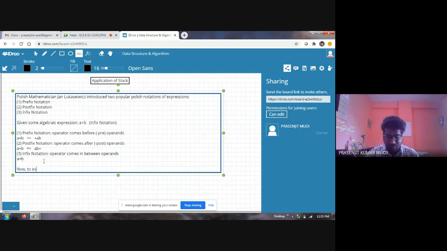Now to evaluate an expression, we are familiarized with infix notation. We understand this kind of notation, but we don't know prefix or postfix notation. So these are introduced for computers. If we apply the BODMAS rule on an infix expression, we can evaluate the expression.